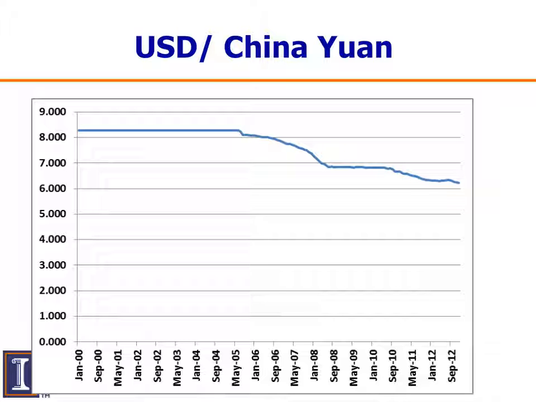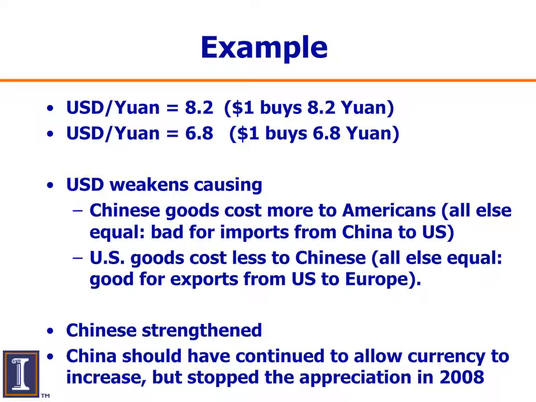And again, we're going to talk about the example here, the paper that I handed out in class, which is also on the website. For a long time, as you can see in the previous slide, prior to May 2005, the U.S. dollar to Chinese currency was pegged at 8.2, which means that $1 would buy 8.2 of the Chinese currency.